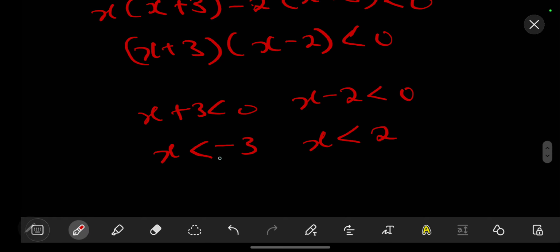We cannot just directly find it like this. Sometimes it may work, but other times it may not. So instead, from here you do not do this.